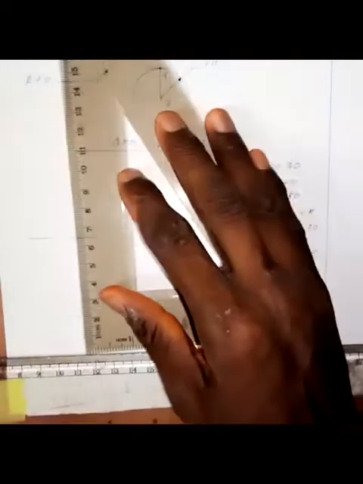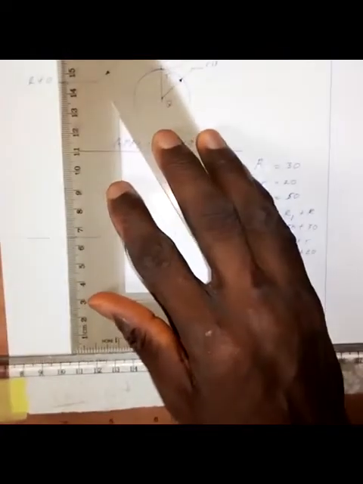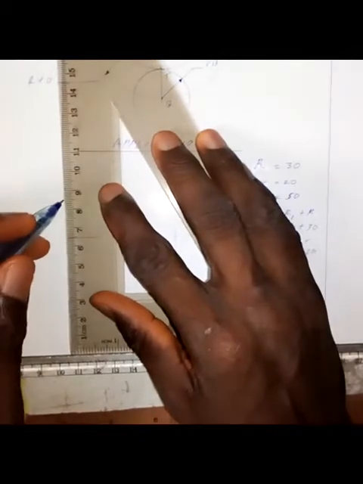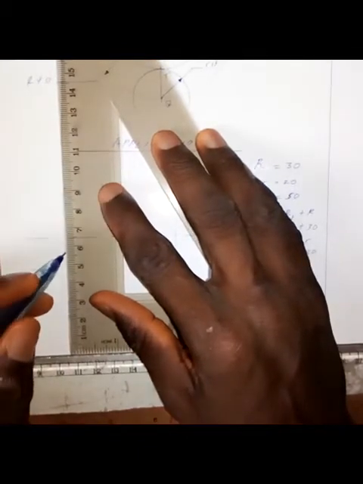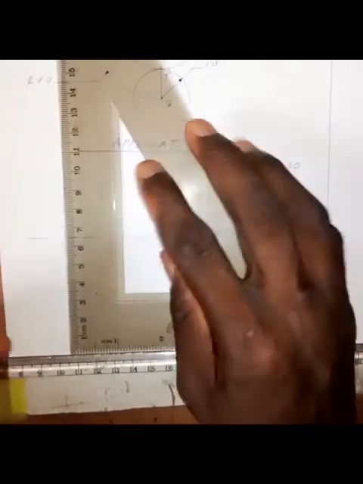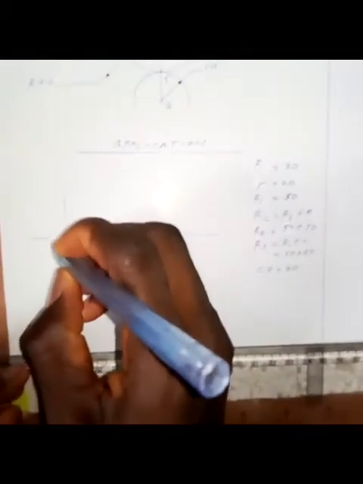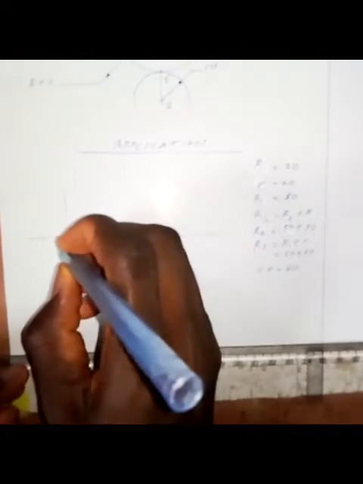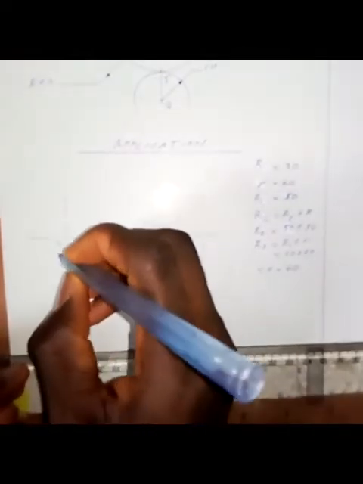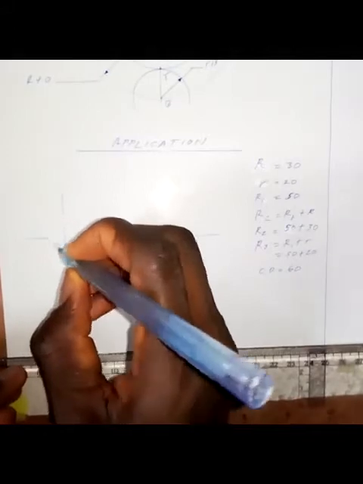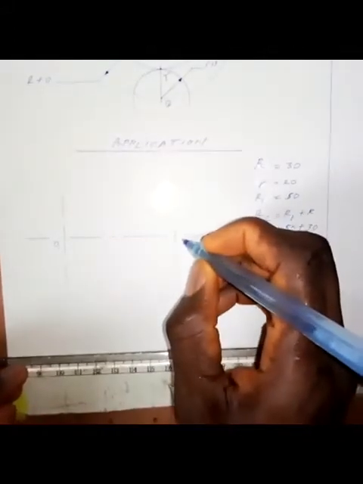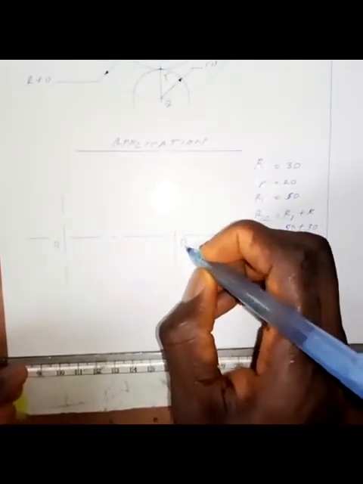I will also draw a vertical line here, a vertical center line. So let me call this point O1, and this is O2.